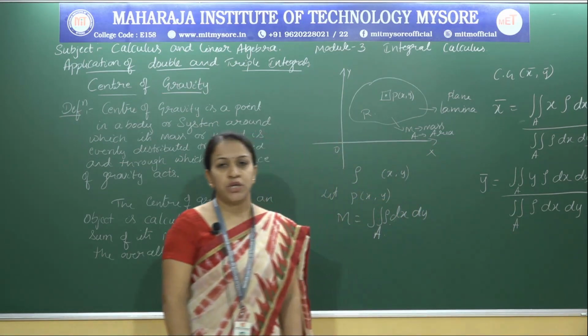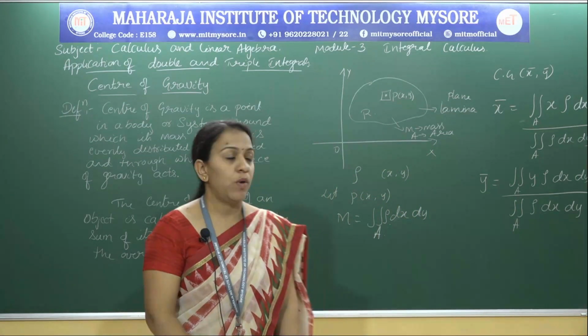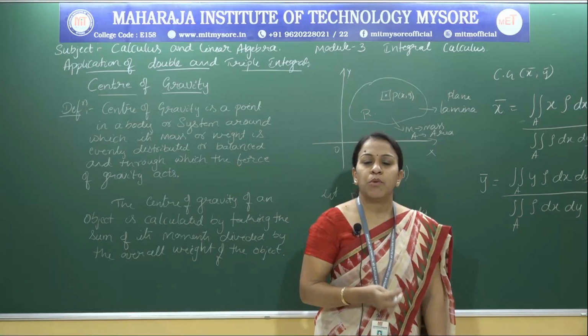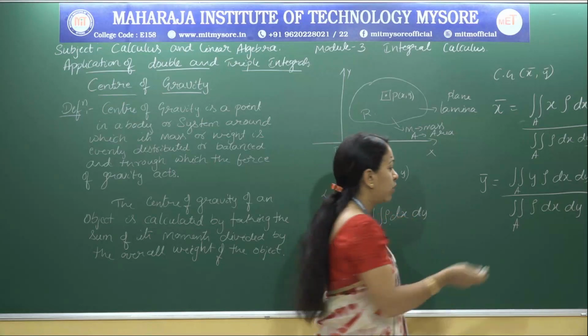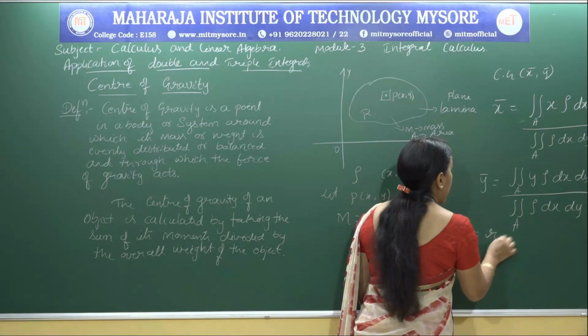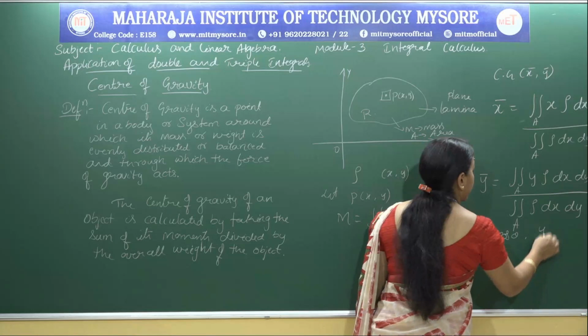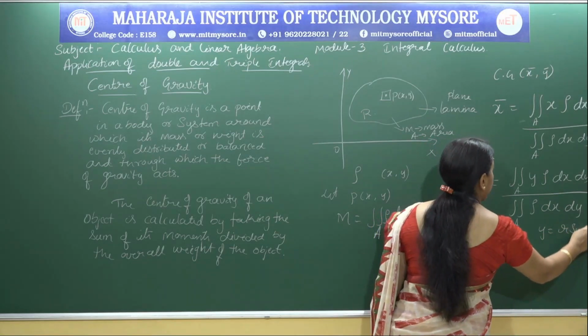If we have Cartesian coordinates x comma y, we can use polar coordinates, where we know the standard form x equal to r cos theta and y equal to r sin theta.